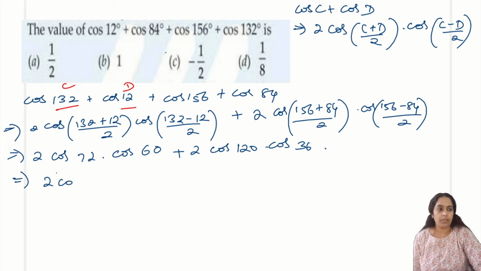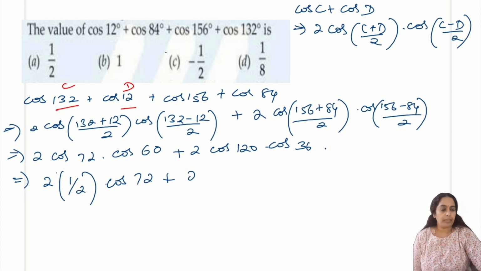So it's going to be 2 cos, what is the value of cos 60? Cos 60 is half, so I can multiply 2 with half. And I also have multiplied by cos 72 degrees. Here I have 2 cos 120. What is cos 120, children? Let me see in the quadrants. So when I draw the quadrants, I have this cos 120.